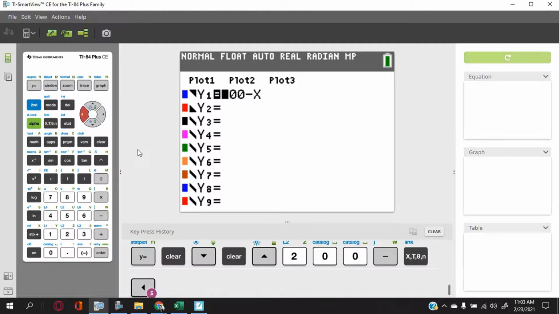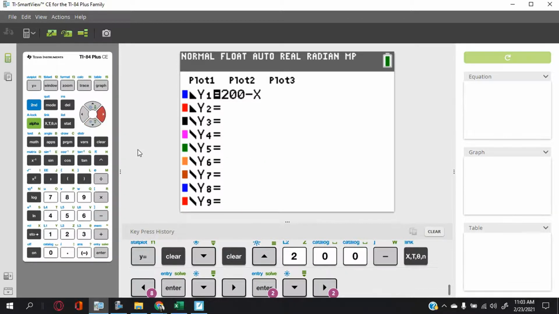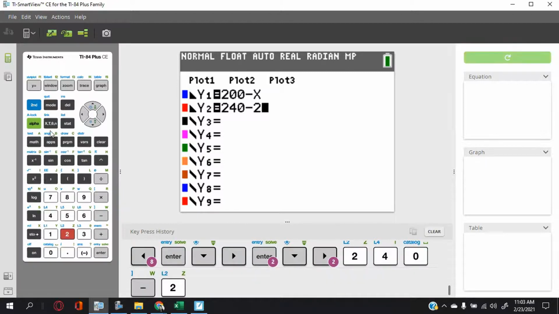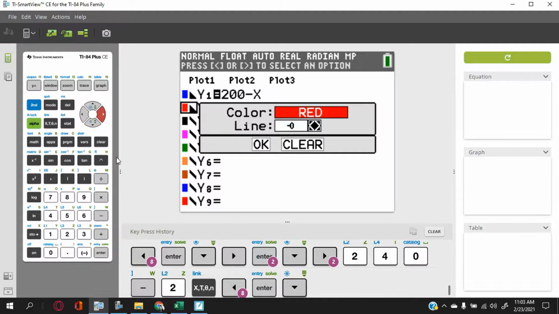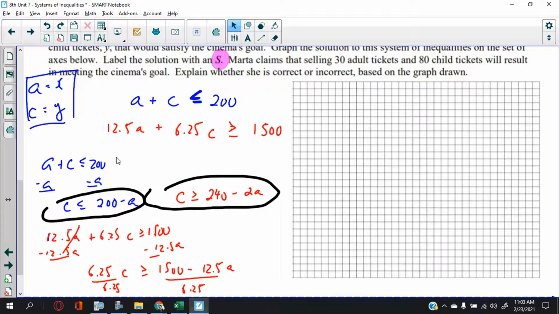And 240 minus 2a, 240 minus 2x, I meant. Now what's the inequality here? Greater than or equal to, so I've got to change that. All right, we're good? Yep, double checking it.